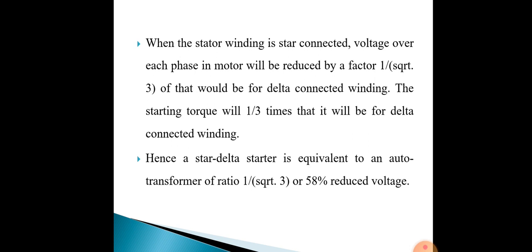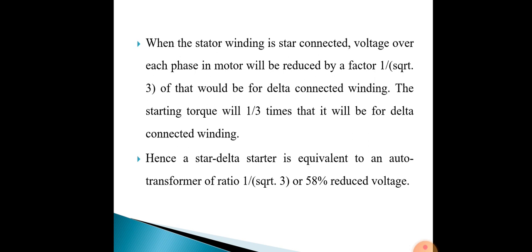A star delta starter is also provided with two important parts: no volt release and overload release, which protect the motor against sudden failure of supply and overload of the motor. A locking arrangement is also provided so that the motor can be started only in star connection.